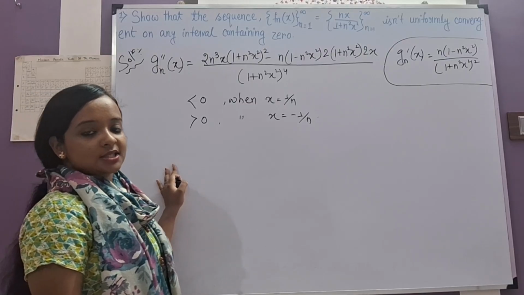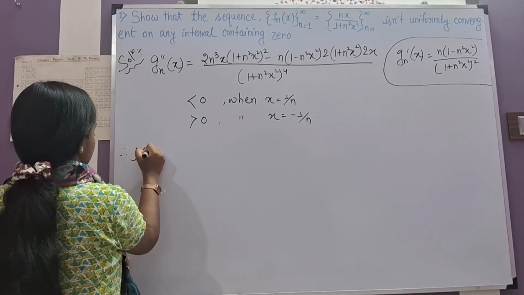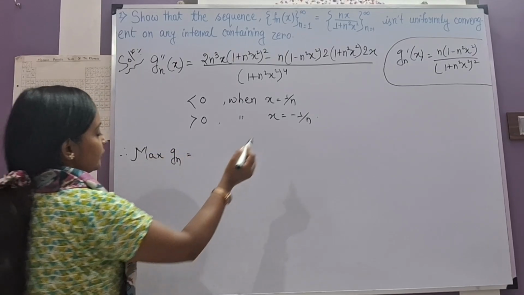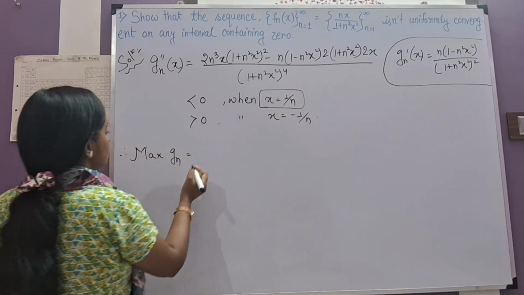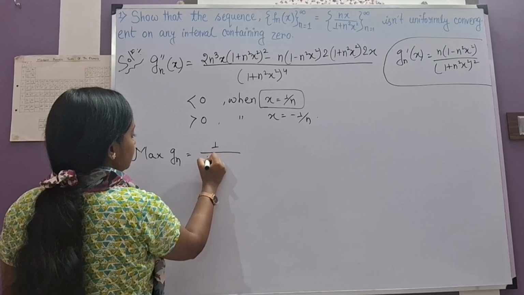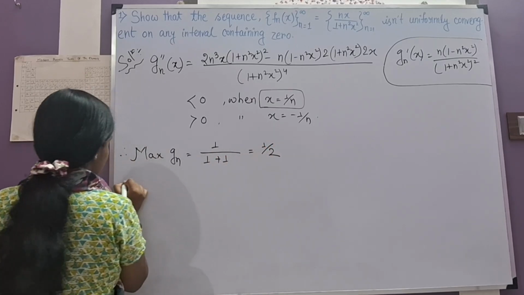So what will be the maximum value of gn(x)? Yes. So maximum value of gn(x) we got when x equal to 1 by n. So max gn(x) equal to 1 by (1 plus 1) equal to half.